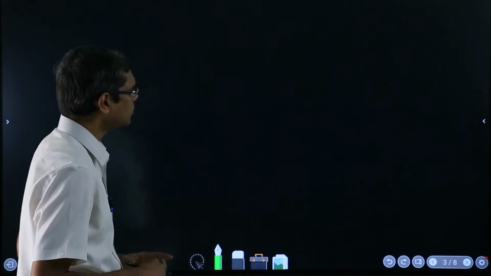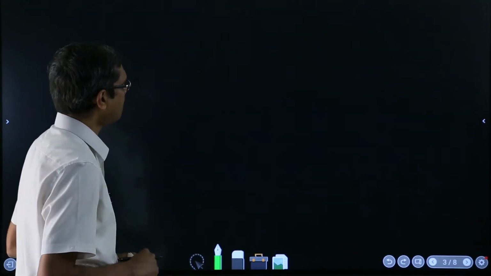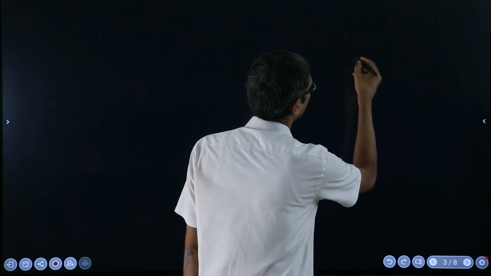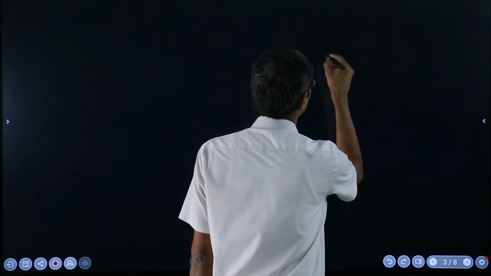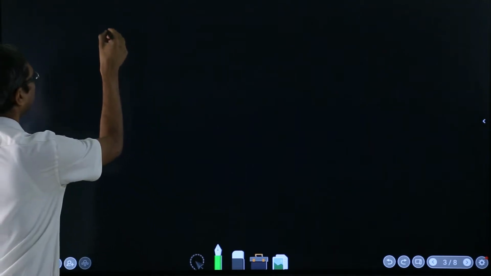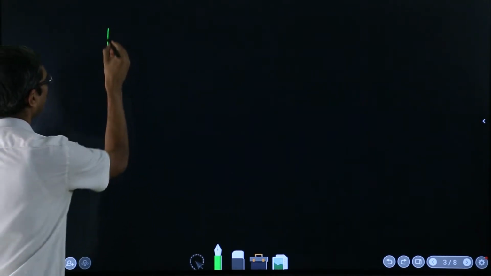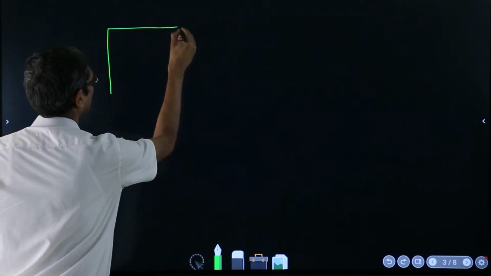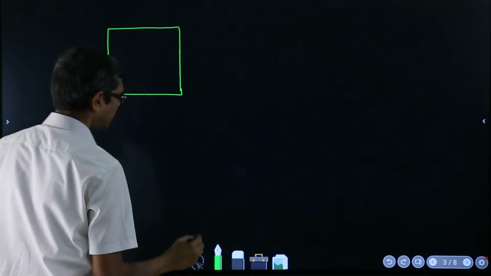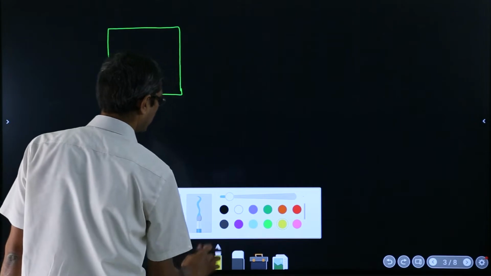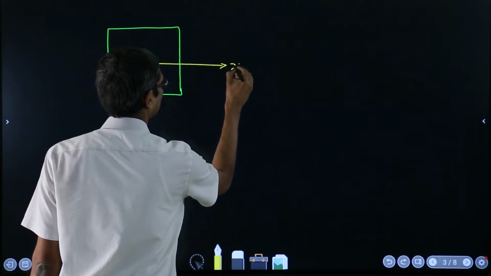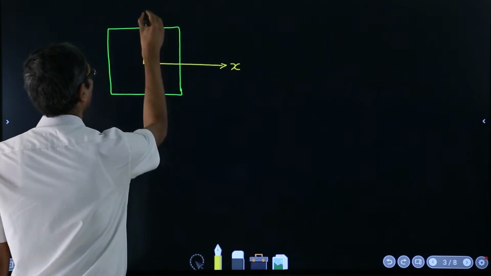Okay. So, to do that, let us say we have this, I will draw it here. This is our square, and I will define my x coordinate like this and the y coordinate like this.